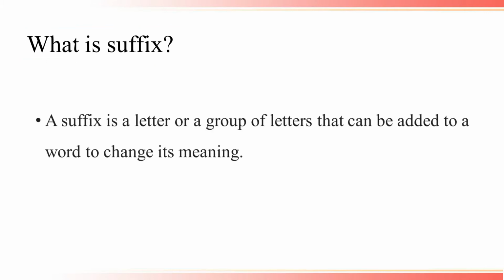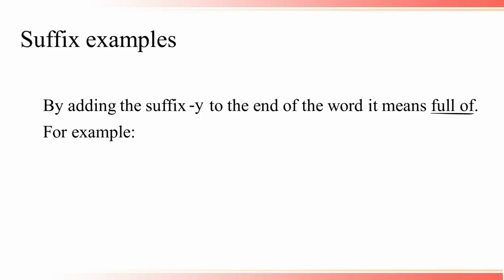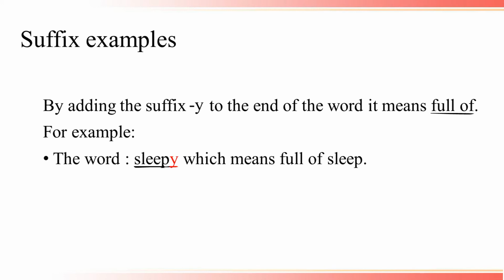So, what is a suffix? A suffix is a letter or group of letters that can be added to a word to change its meaning. So suffixes can be added at the end of a word to change its meaning. So here are some examples of suffixes. The word sleep.